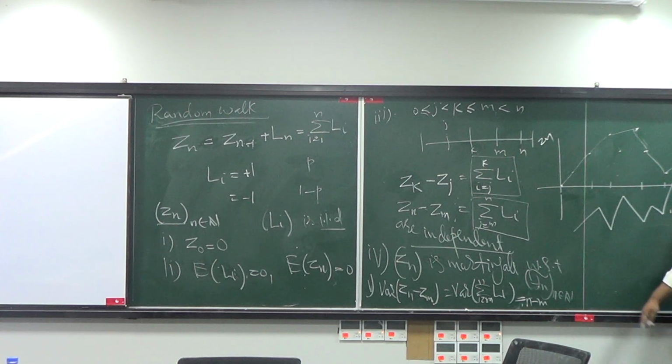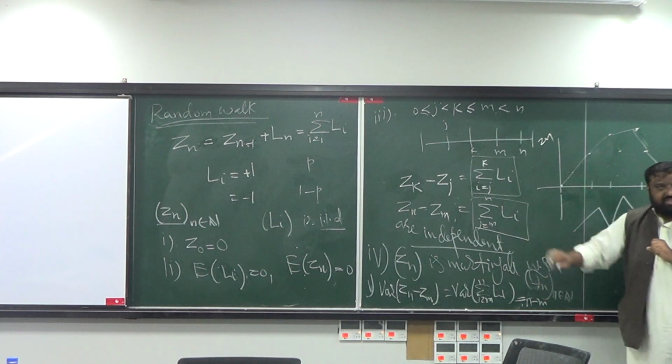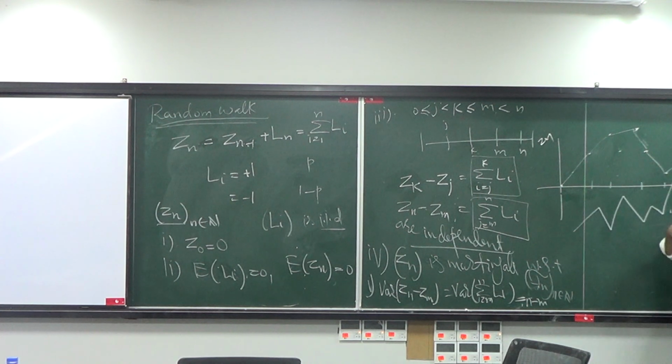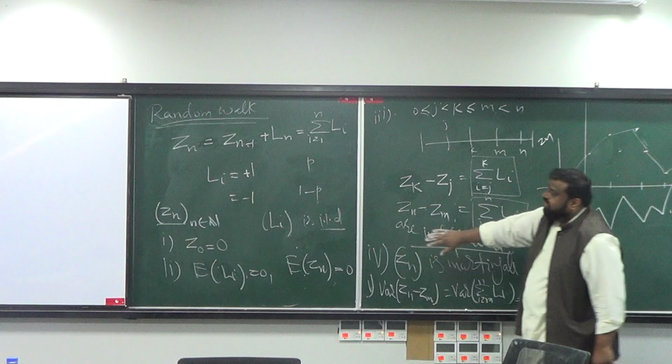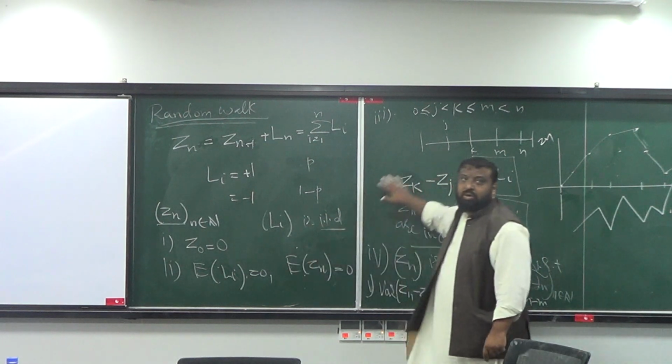So this jiggling will go continuously. In other words, I would like to create this process and consider the limit of it. Then I would like to ask the question: once you have the limit of such a process, is it still going to inherit these properties?